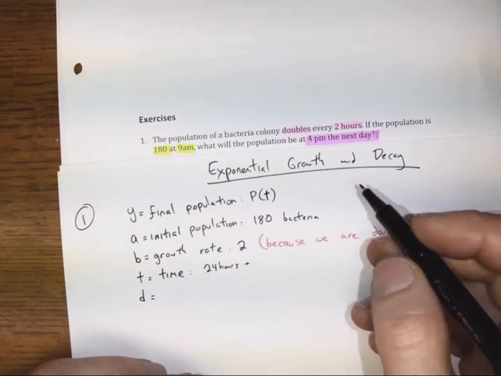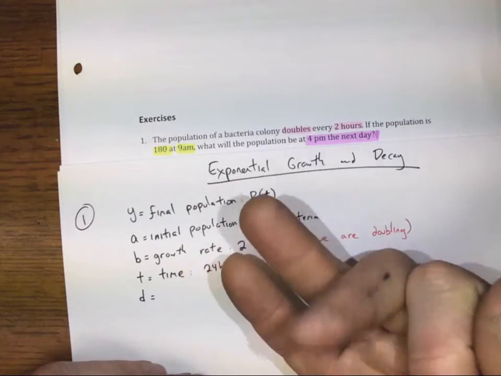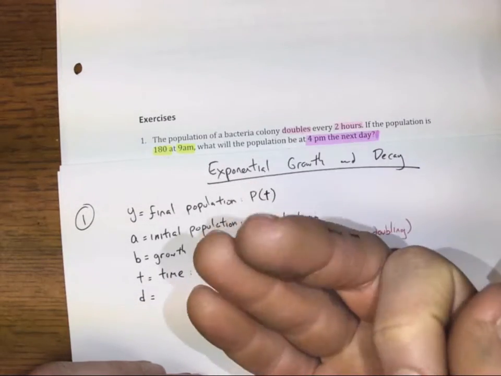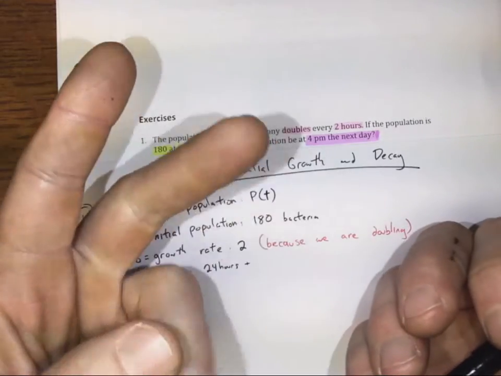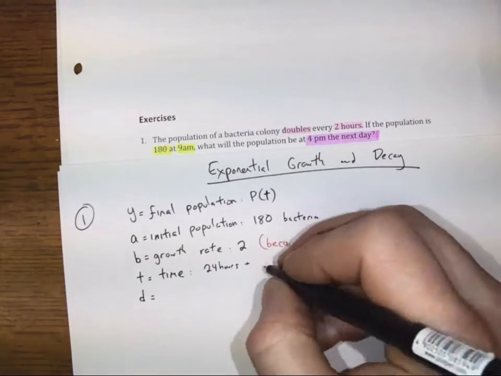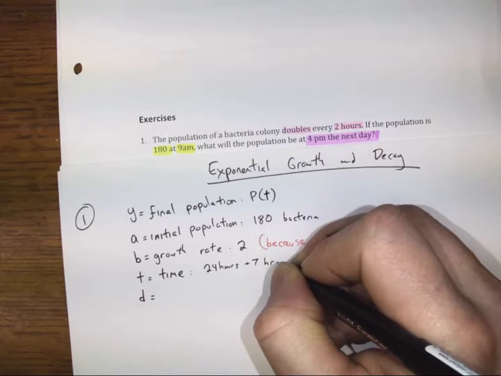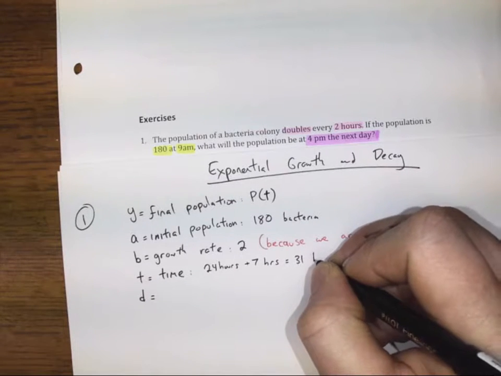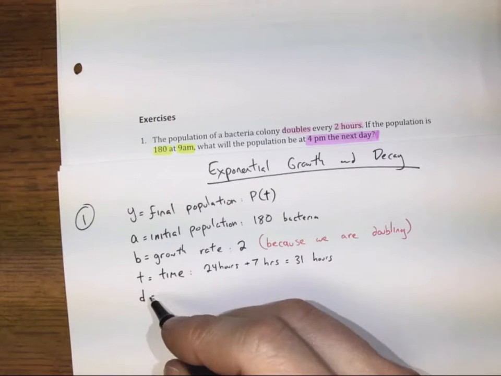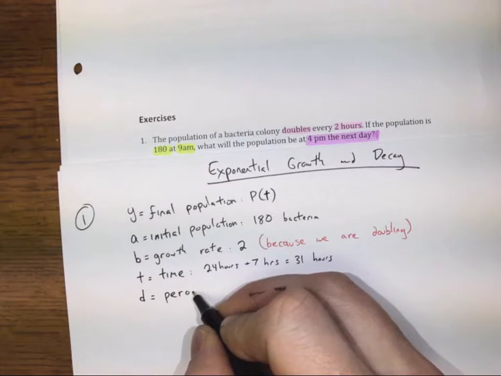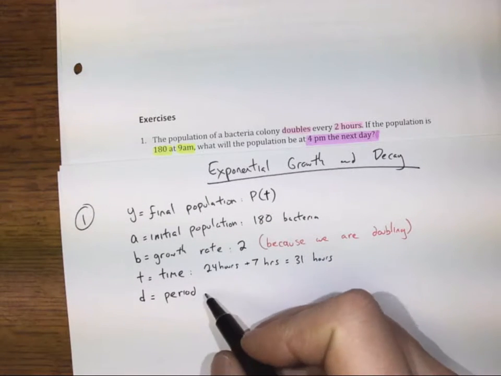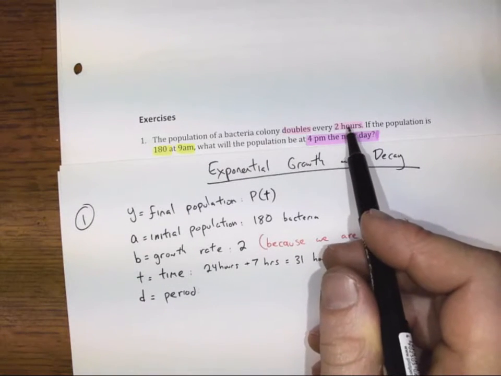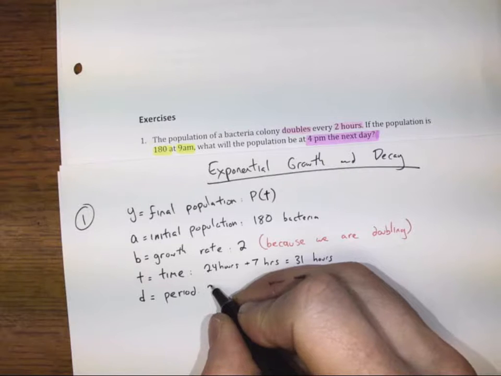So 9 a.m. to 4 p.m., that's going to be 1, 2, 3 hours to noon, 10, 11, 12. And then 1, 2, 3, 4. So that's 7 more hours, plus 7 hours. That's going to give us a time of 31 hours. And D is our period. How long it takes to double or triple or whatever. And that is our 2 hours here.